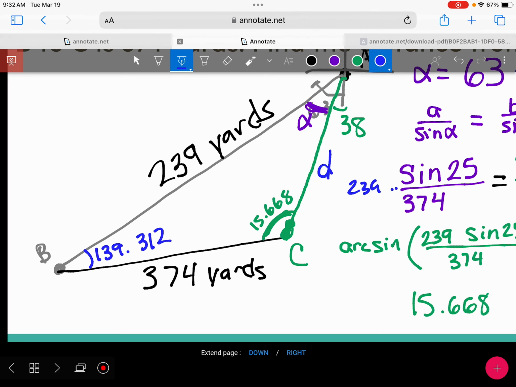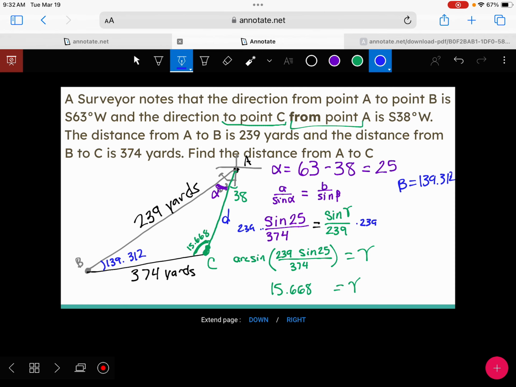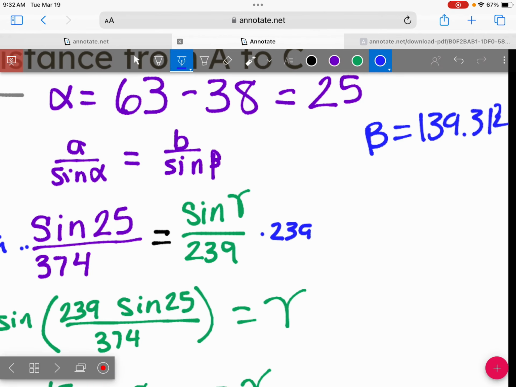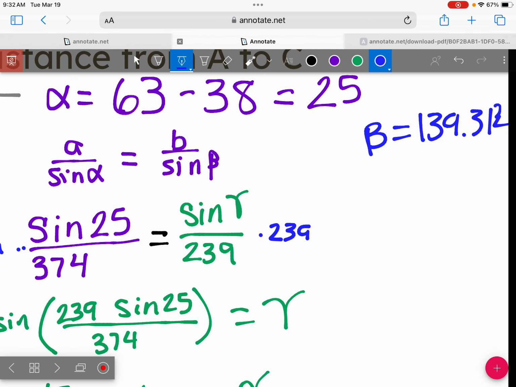That lets us set up our final ratio to be able to get that distance they asked us for from A to C. And we can use any of the other ratios we have. It does not matter. They're all the same ratio. I'm going to use my alpha one because those are things we were given and they're less gross to type.